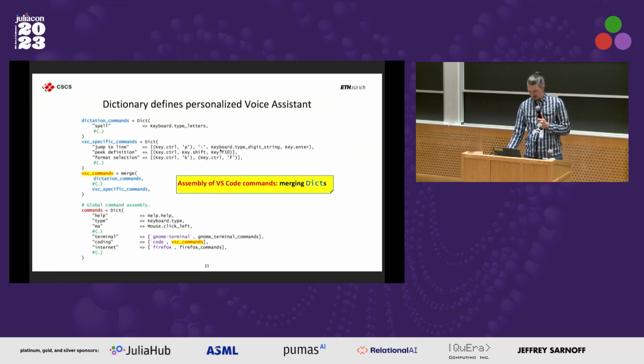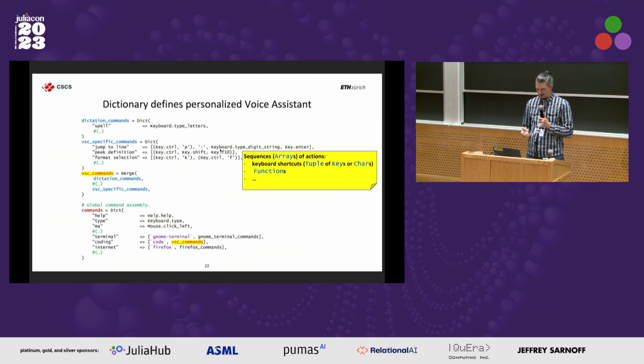Which in this case will be just created by merging other dictionaries. Concretely, in the second dictionary that you see in this slide, we will have some specific commands for VS Code. For example, jump to line, and then this would automatically trigger a sequence of actions.